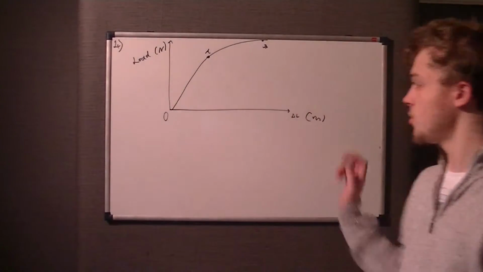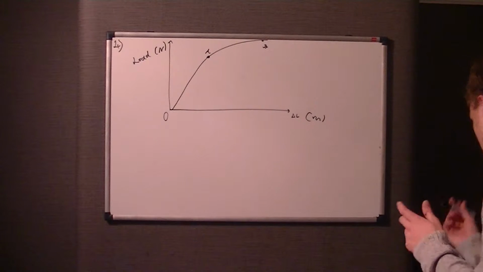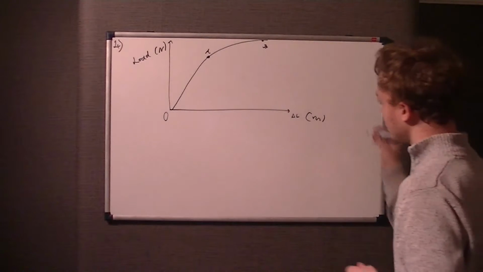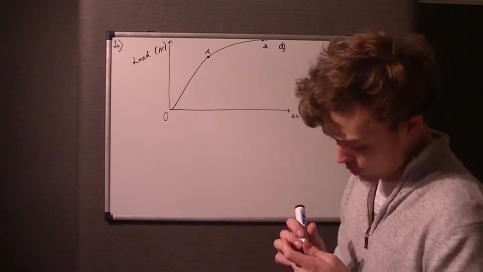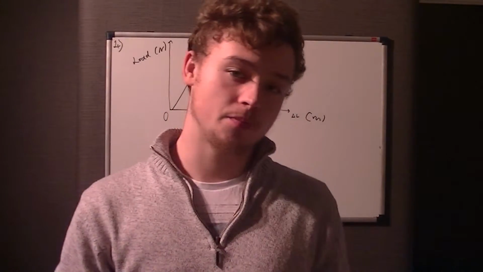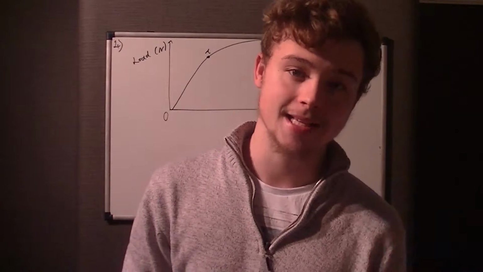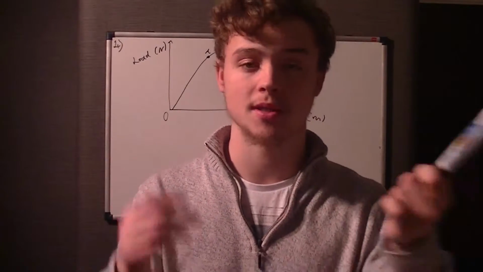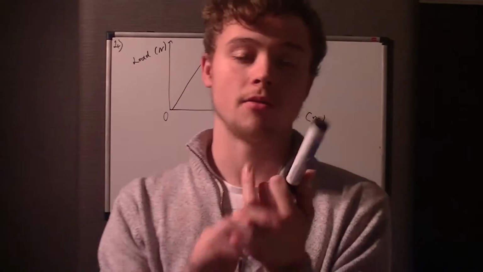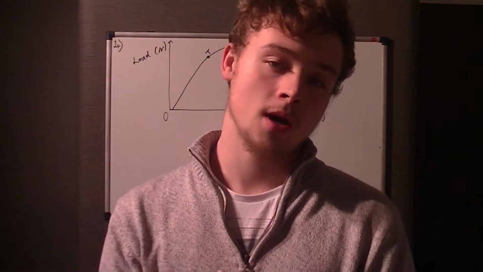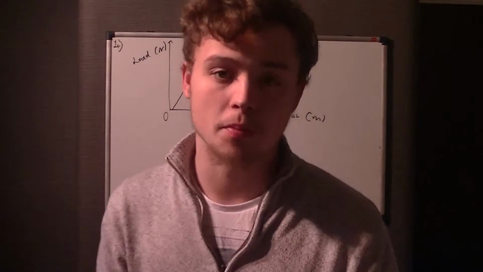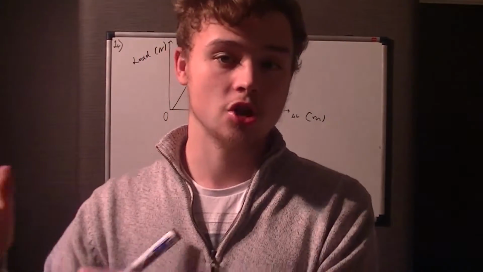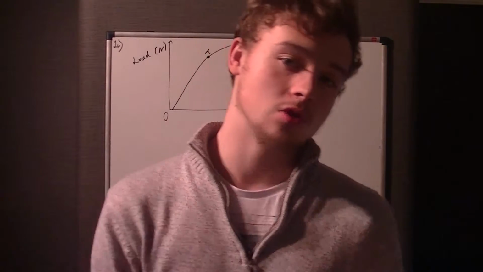Okay, so the first one, part A. It just says state Hooke's law. Because it's worth 2 marks, I actually talked about it. I said, Hooke's law states the force applied to extend a spring from its unstretched length is directly proportional to the extension of that spring from its unstretched length.